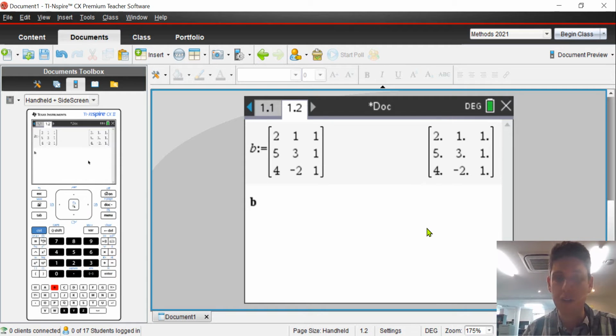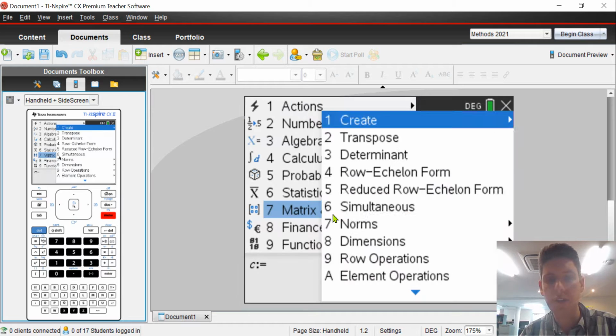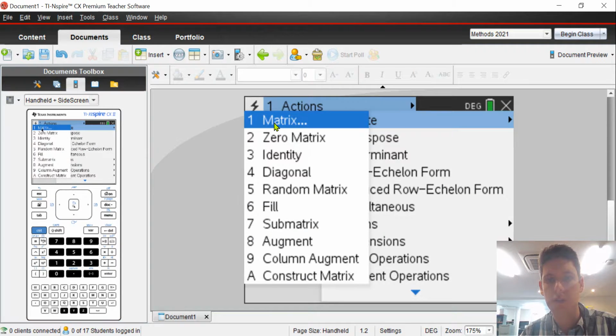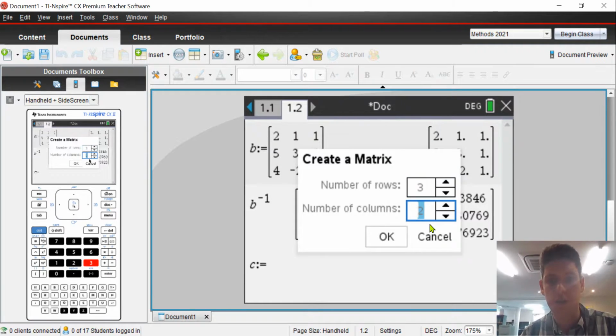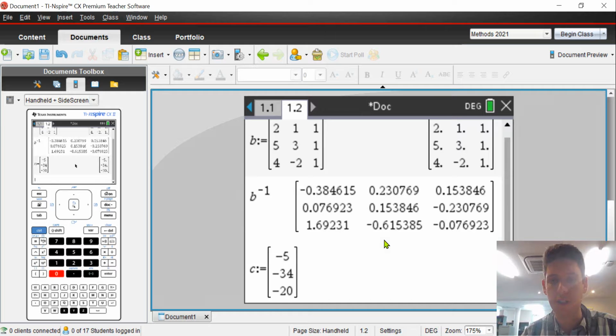So to get the inverse, you type the B, and then you can do to the power of -1, and that's the inverse matrix. We also need to get our C matrix. This is a 3 by 2. Sorry, 3 by 1. So typing in those coefficients, -5, -34, -20.